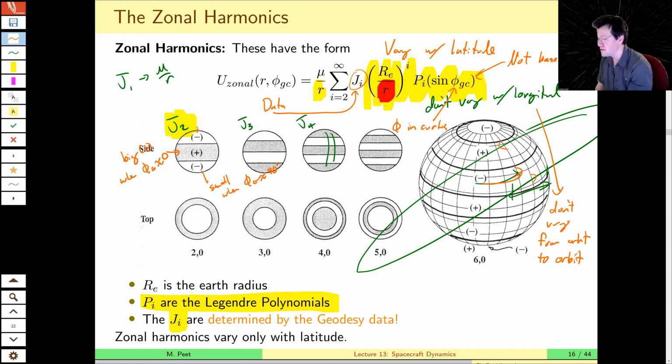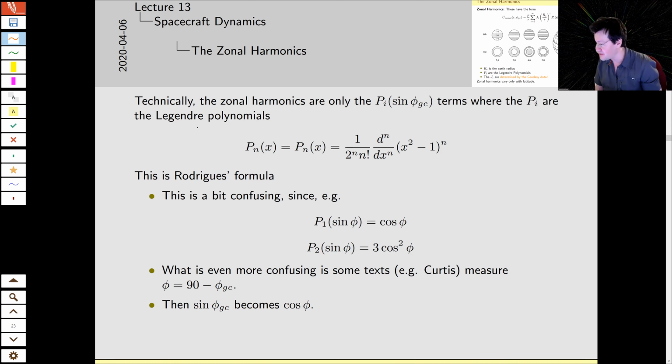But actually, that's not what the Legendre polynomials look like. The Legendre polynomials are relatively difficult to calculate, and then you have to plug in sine phi for x. So I won't go into the Legendre polynomials, other than to point out that P1, despite looking like it's a function of sine phi, is actually cosine phi.